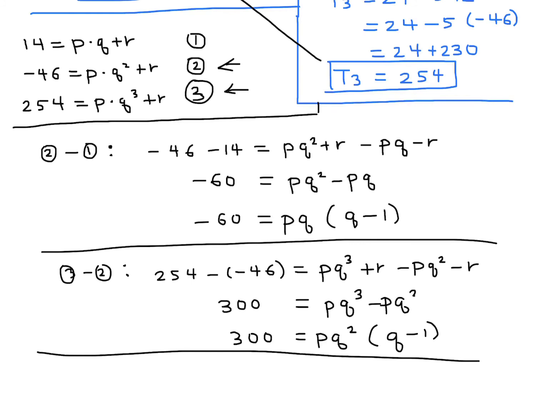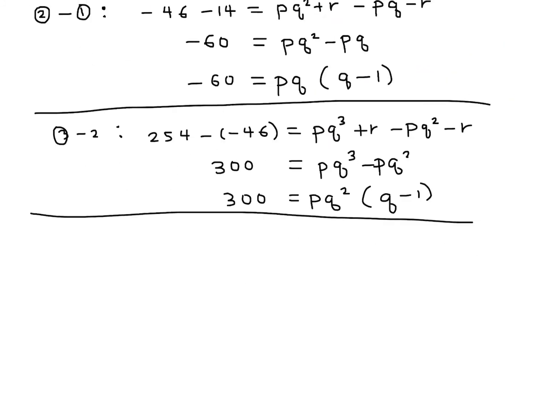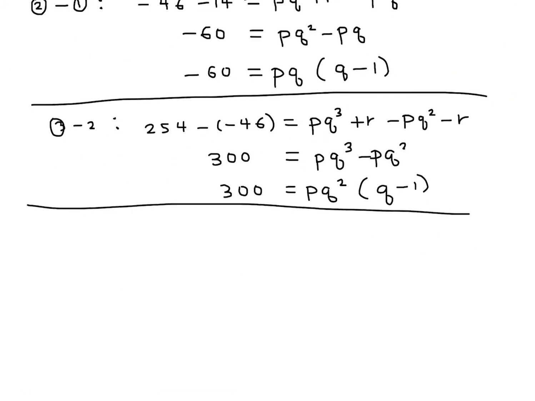Okay? So these two now, we can use this equation and this equation to solve for at least one of these variables. And I look at them and they look very similar. But if I divide one by the other, I think I should be able to isolate a variable.